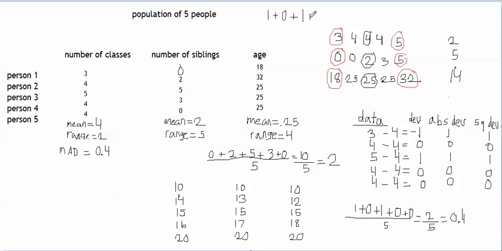You get 0.4. And if you go one step further and take the square root of the mean of the squared deviations, you get 0.63.